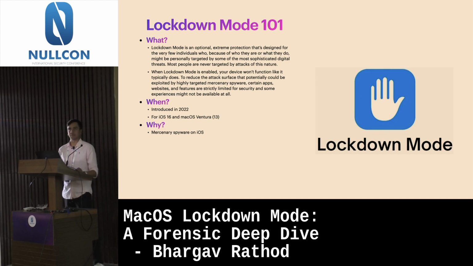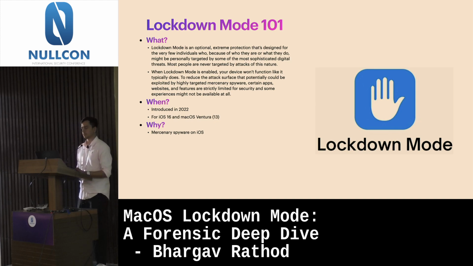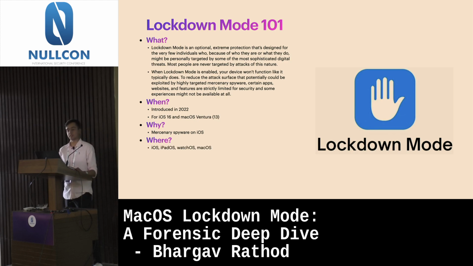Many people were reporting that their phone had been compromised, and this was used by government agencies worldwide to spy on potential subjects in the espionage context. Apple took this seriously, although they took a lot of time to introduce it, but they did. Currently it is available on 4 Apple operating systems.